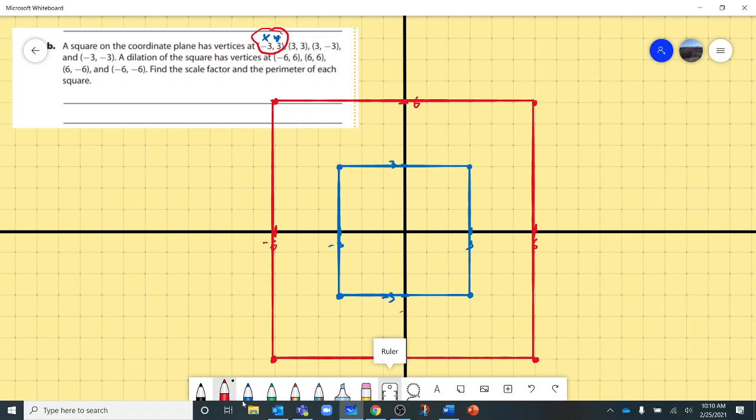But if we look at our first point, (-3, 3), and our first point of the scaled one, (-6, 6), what do we have to do to get from -3 to -6 in terms of multiplication? -3 times 2 is -6. For the y-coordinate, 3 times 2 is positive 6. And that would be the same for all the points. So our scale factor is just what we multiplied by to get from here to here. And we multiplied by 2. So scale factor is 2.